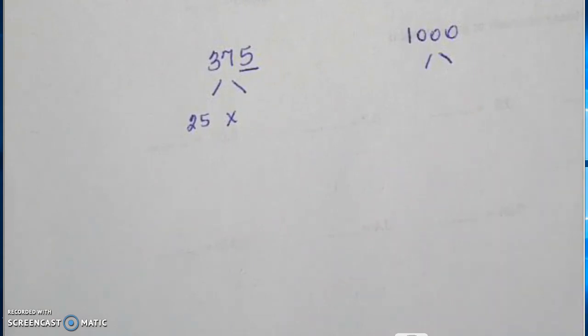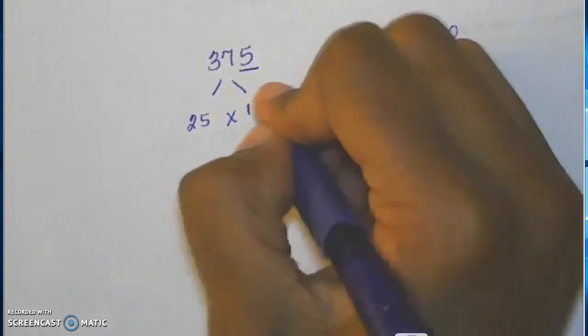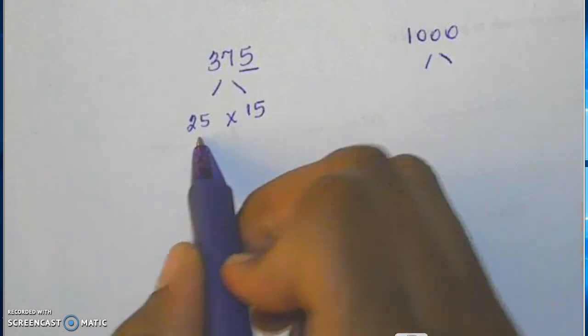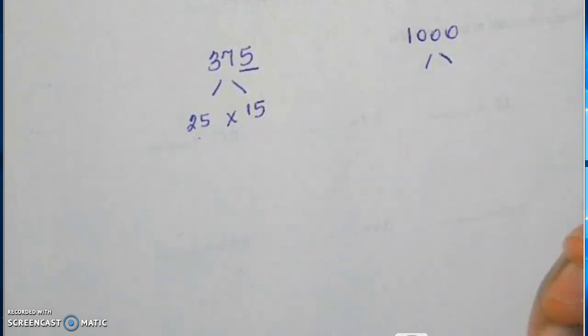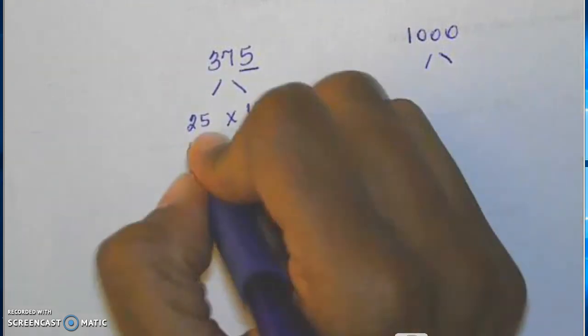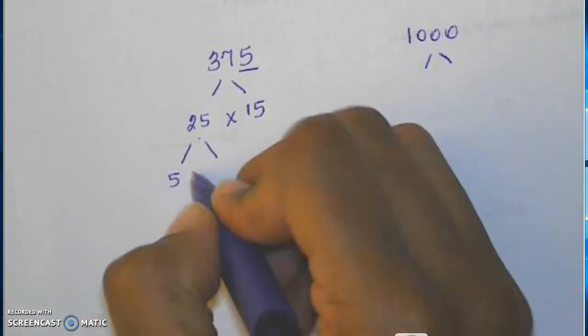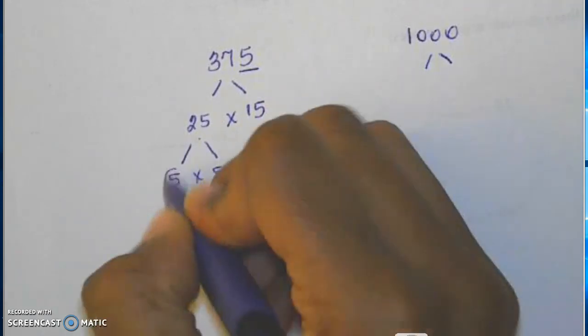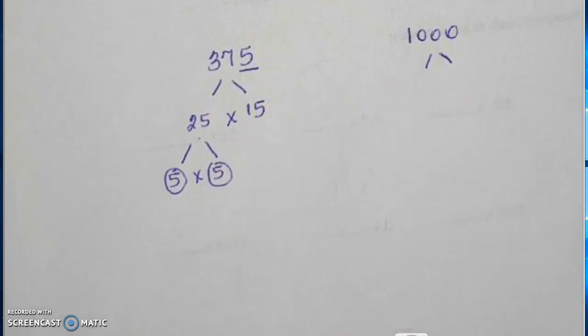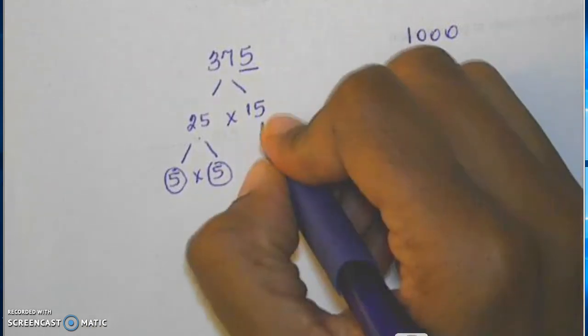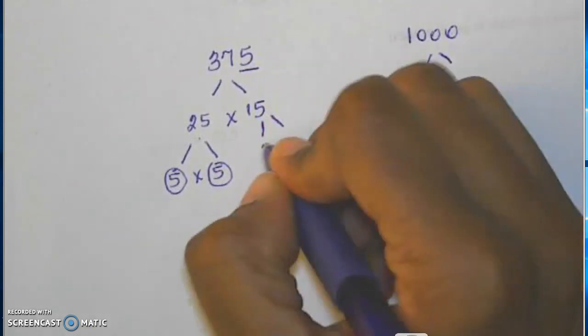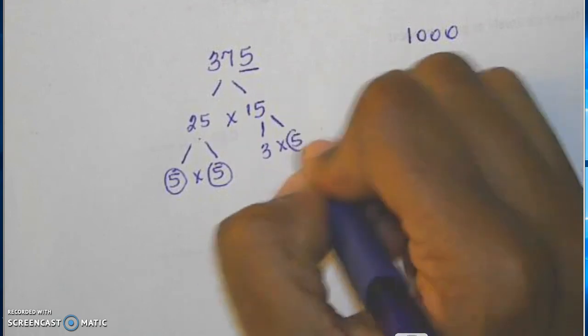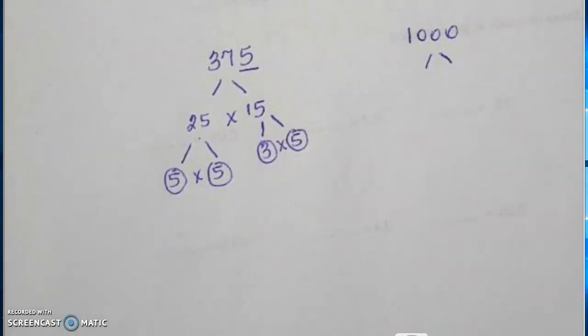So I do a little side work and I figure out that it is 15. 25 is not prime. It needs to be broken down. So I can break it down to 5 times 5, which are both prime. I circle them. 15 is composite. I break it down. 3 times 5, and these are also prime, so I circle them. So I'm done with 375.